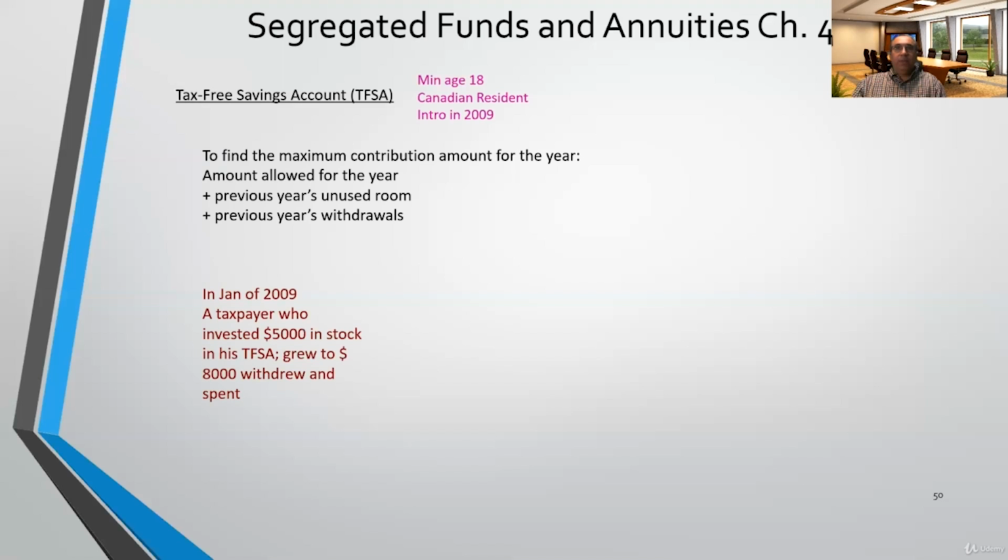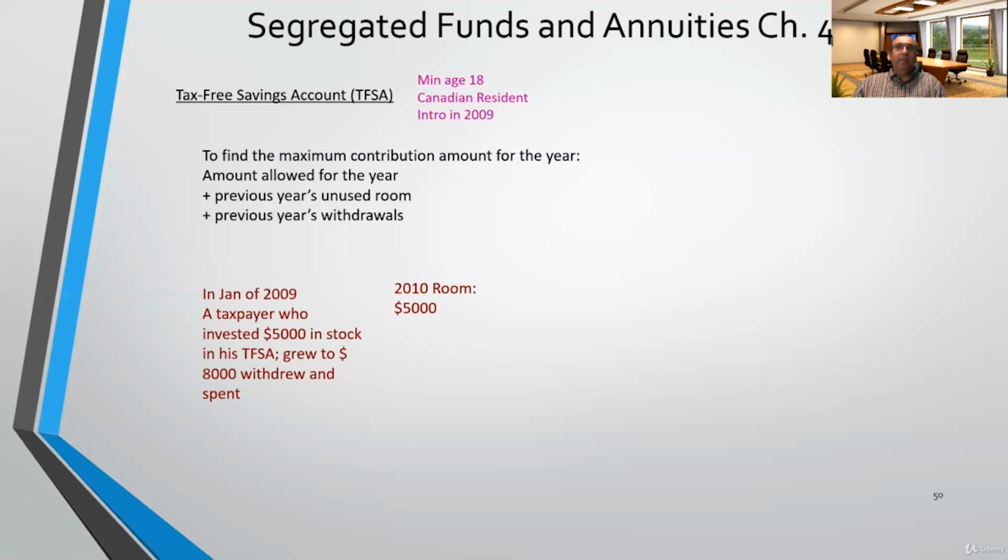So in January of 2009, let's suppose a taxpayer put $5,000 in stock in his TFSA. He put in $5,000, it went up to $8,000, so it's gone up $3,000. Sorry, we said it grew to $8,000. He withdrew it and he spent it.